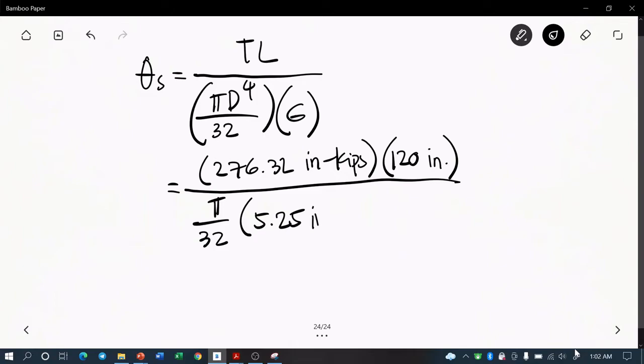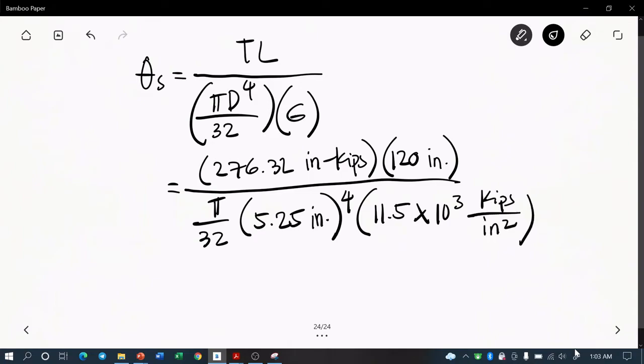So 5.25 inches raised to the power of 4 times the modulus of rigidity, 11.5 times 10 raised to the power of 3 kips per inch squared. So units will be cancelled out here.